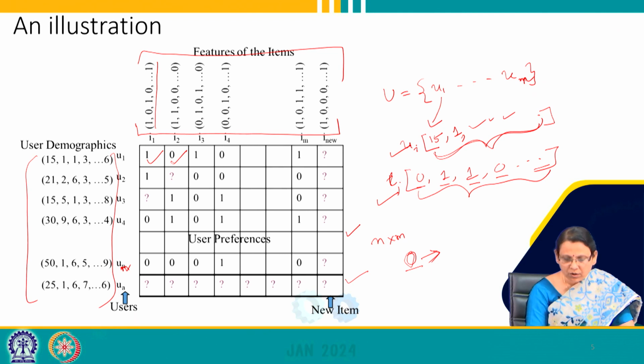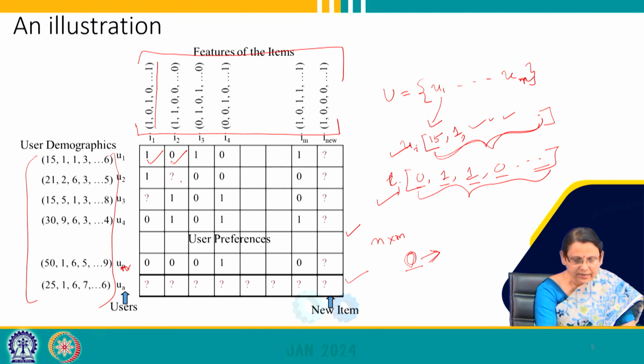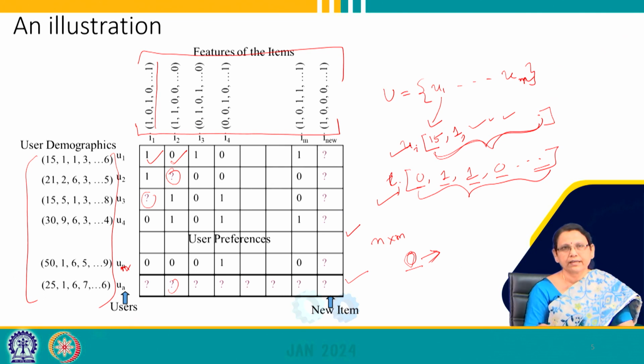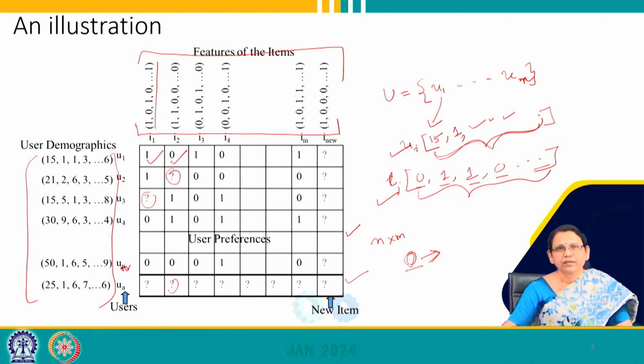Now, one more observation about this matrix. You see in this matrix many places like this one, this one, this one and so on, there are question marks. So, what are these question marks? Here these question marks mean that in these places the user has not given any rating. Now, why is the user not giving any rating? In a typical recommender system setting, consider an online store from where you are trying to make some purchase.